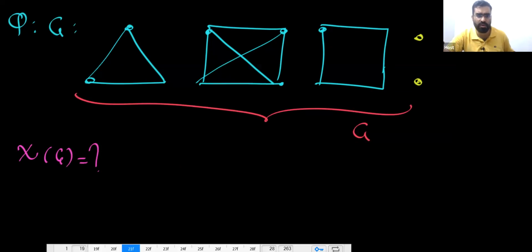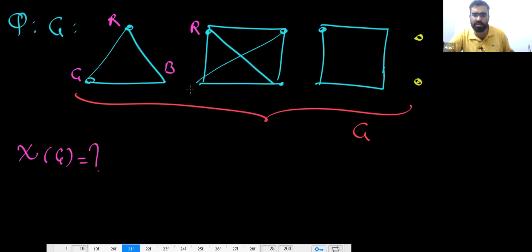For this graph G, you can notice that all the colors that you use here, you can use again. For example, if I use red color here, green color here, black color here, because this is an odd cycle. Now this red color I can use again here, no problem, because there is no edge.